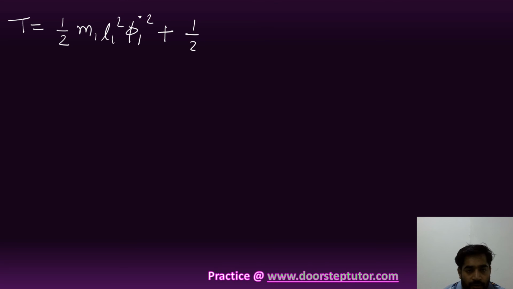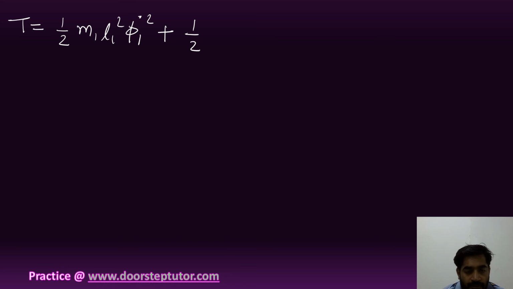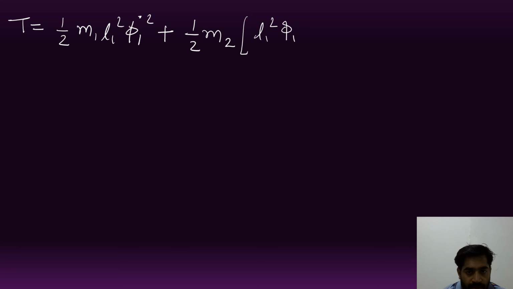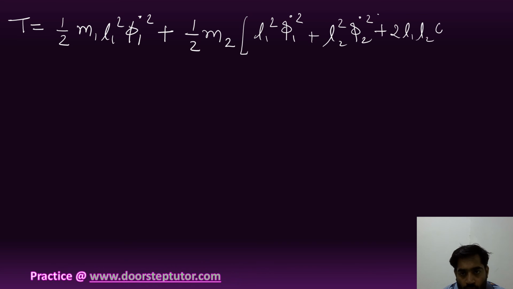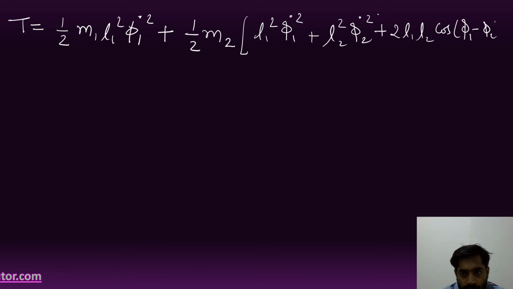Simply putting the values of x1 dot, y1 dot, x2 dot, y2 dot, we get half m1 L1 square phi1 dot square, plus half m2 times L1 square phi1 dot square plus L2 square phi2 dot square plus 2 L1 L2 cos of phi1 minus phi2 times phi1 dot phi2 dot. These are all in multiplication.